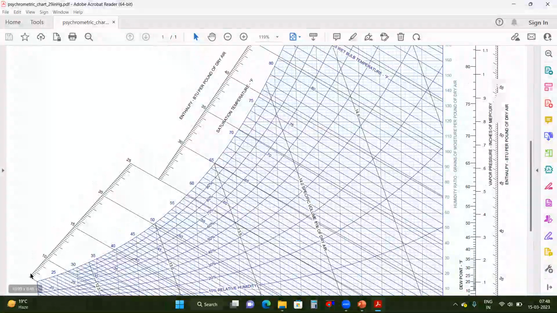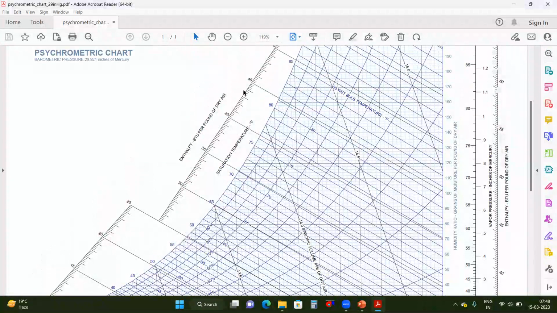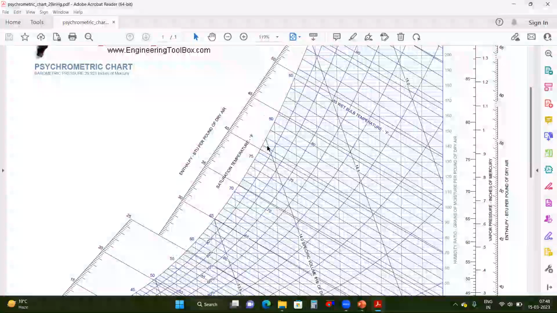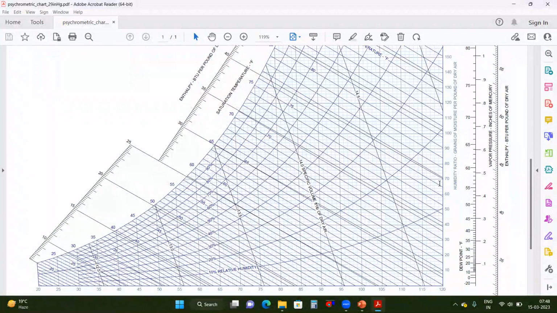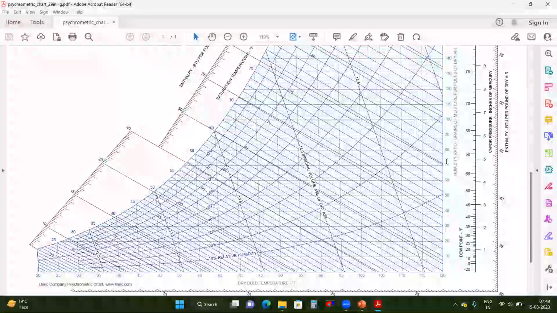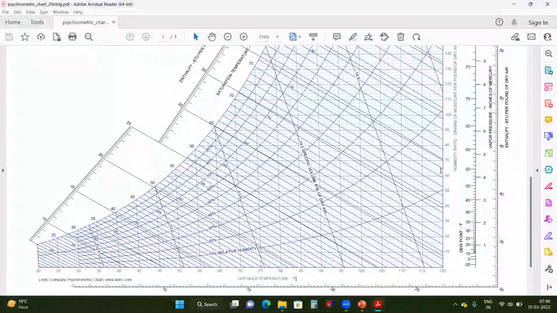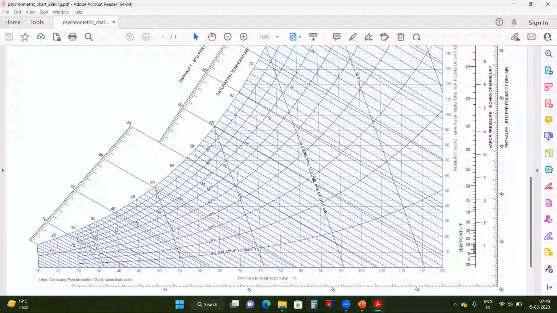This is the enthalpy line. Okay. So 20, 25, 30, 35, 40, 45. And after this, on the right side, this is humidity ratio starting from 10, 20, 40, 60. Like this we have. And dew point temperature minus 20, 0, 10, 25, 30. Like this continues. Okay.